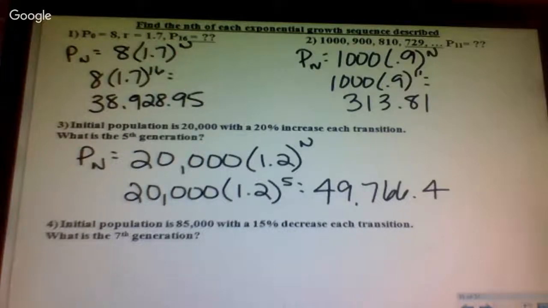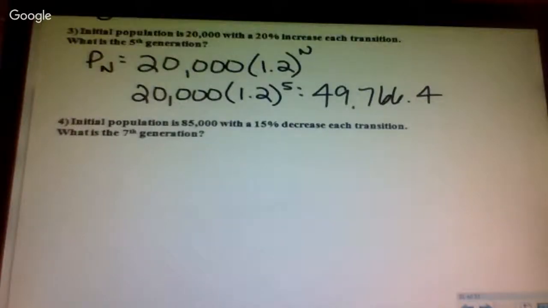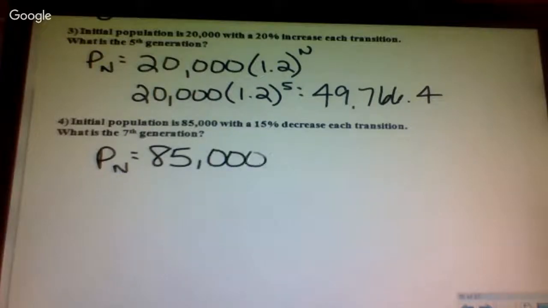And finally, my initial population is 85,000 with a 15% decrease with each transition. So P sub n equals 85,000 times 0.85. 15% less than 100 is 85%, written as a decimal is 0.85, raised to the n.